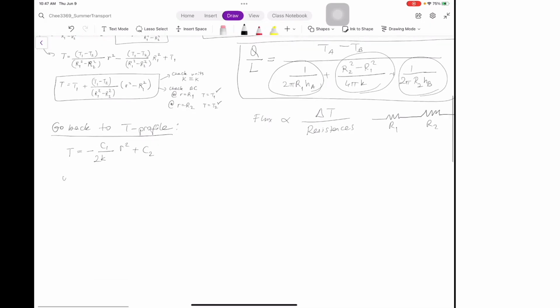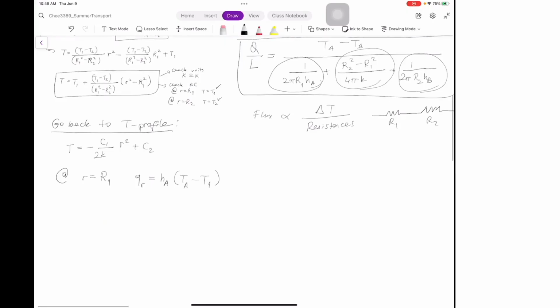So you can say at R is equal to R1, the flux QR will be equal to HA times TA minus T1, right?